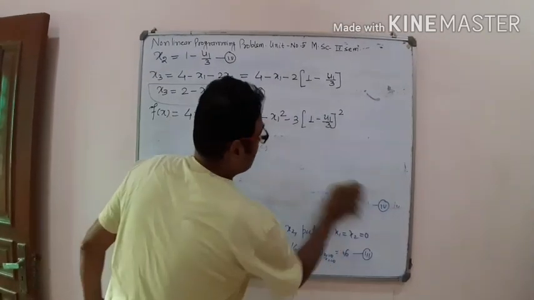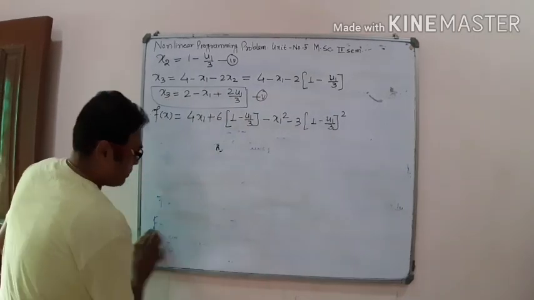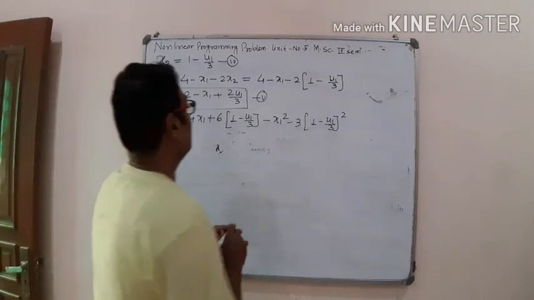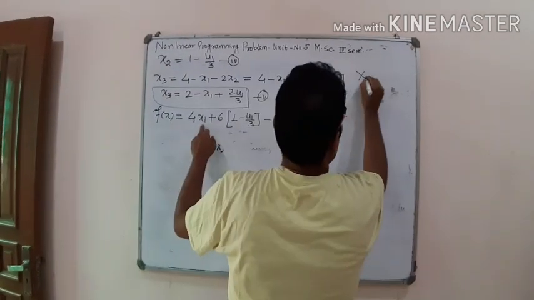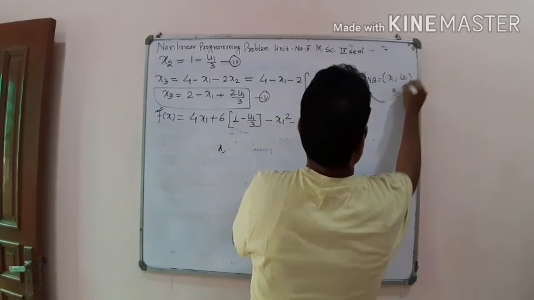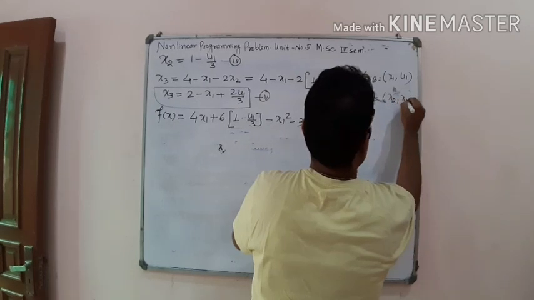Now equations number 4, 5 and 6 are expressed in terms of non-basic variables, and here x1 and u1 are your non-basic variables and xB is x2 and x3.